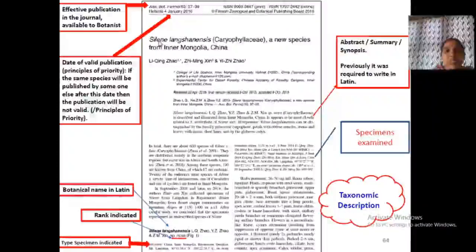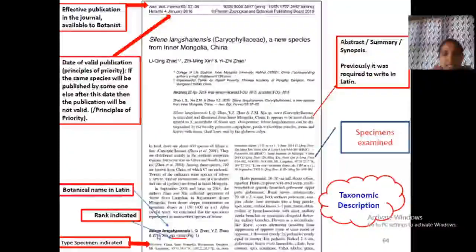Now this is a species, Silene lenganensis, belonging to Caryophyllaceae. See, a new species from Inner Mongolia, China, that is mentioned here. This is the author's name, and this is their address, and the details of the paper received, and these are a brief account of the species mentioned here.